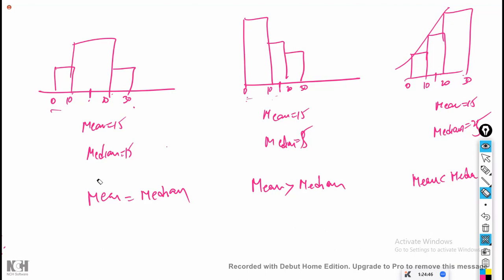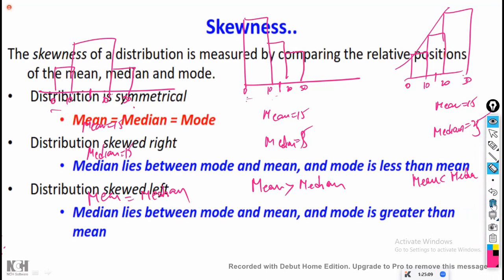In the interview also, if they ask any statistics question from descriptive statistics, this question is compulsory. Is that clear, guys? So no need to memorize particularly.